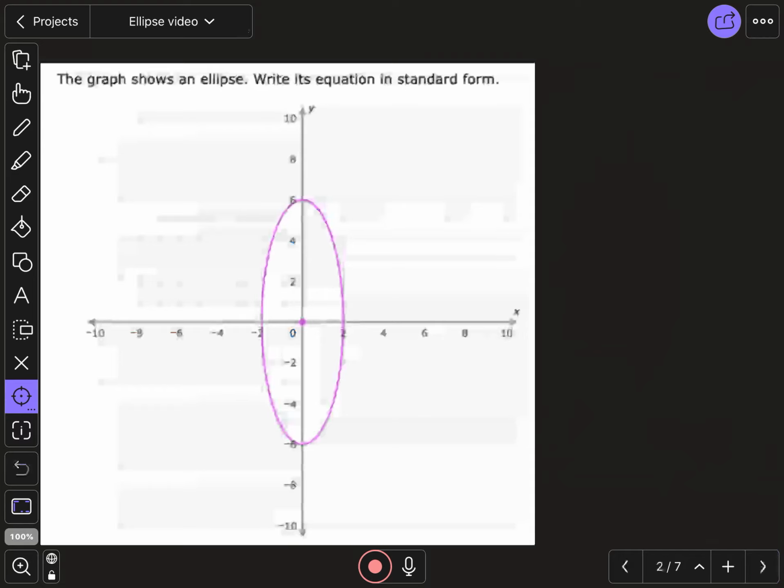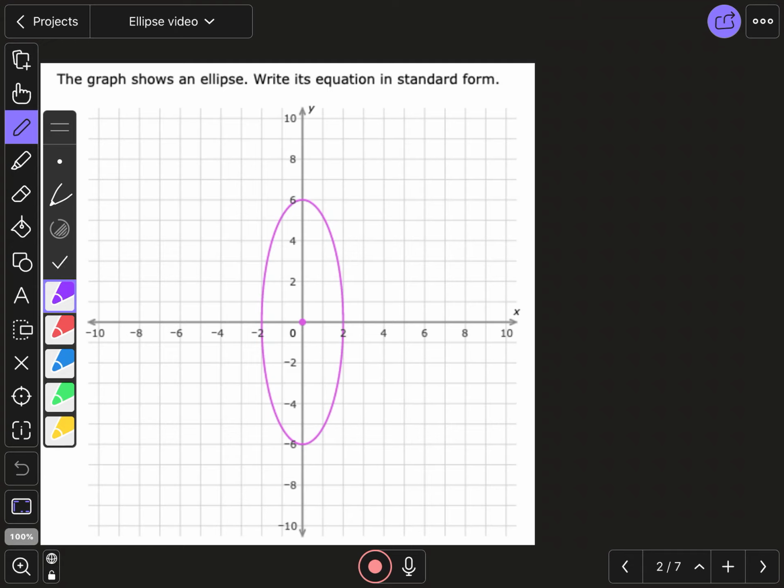Start off with a simple one where we see that the center is at 0, 0. And then the next thing we want to know is how far is it from the center to the vertex. So that's always the further one, so I see it stretched vertically. So my a value is 6. So just the distance from the center to one of the vertices.